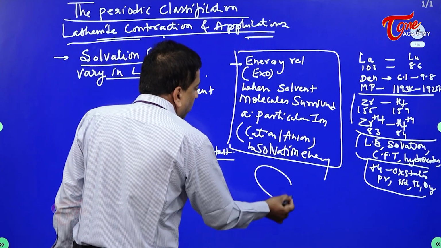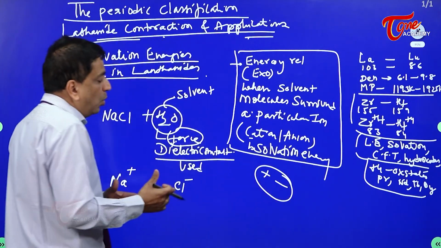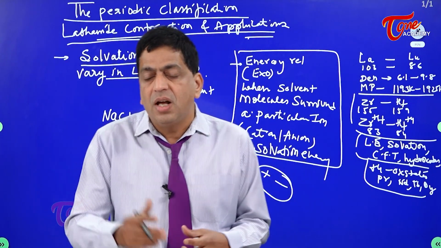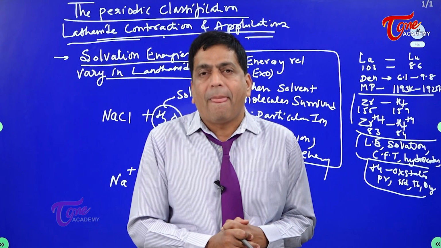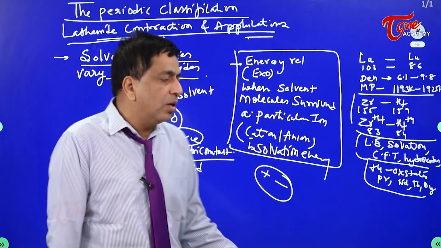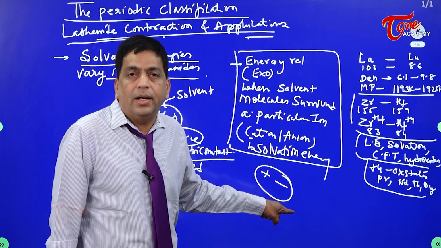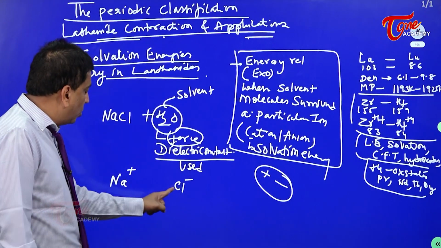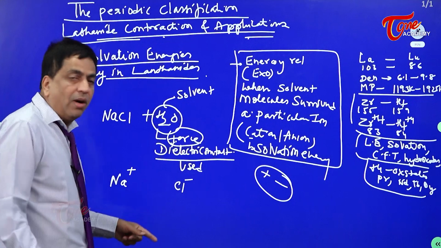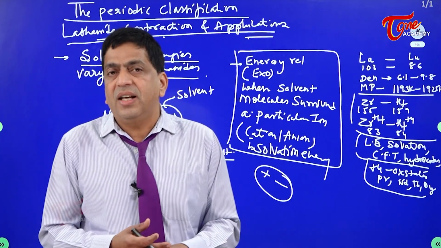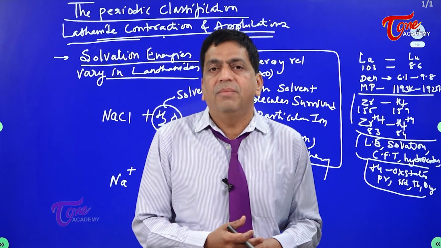This is how water looks, plus and minus. It has both plus charge and minus charge because of the electronegativity difference between oxygen and hydrogen. So if someone asks you to draw water, please draw like this. This is a polar solvent. So water has separated these two apart, but if you leave them, they will recombine. So if someone can help in diminishing the charges on them, then they will be stable.